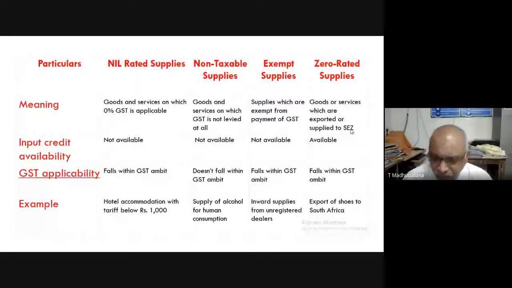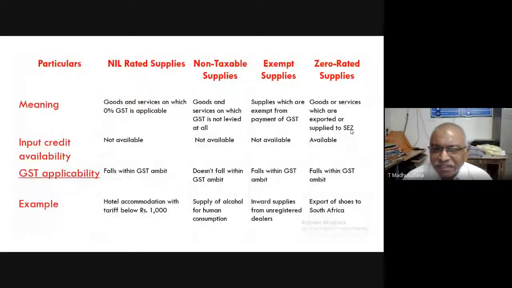So, as an example of a nil rated supply: accommodation with a tariff below rupees 1000. If you stay in a hotel where the rent is below 1000 rupees, you need not pay any GST.